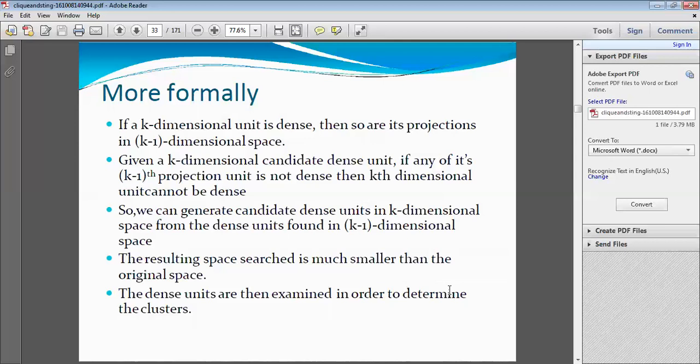Or we can say that for being dense in the kth dimension, the projection should be dense in the (k-1)th dimension. So likewise, we are reducing our resulting space in each iteration by filtering the data. This way, the Apriori property is used: only data that is dense in the (k-1)th projection could be dense in the kth dimension.